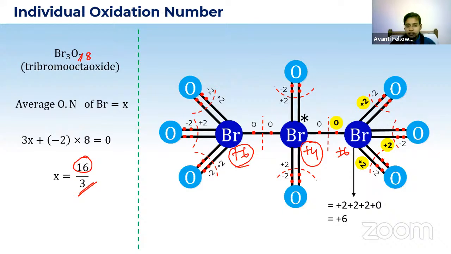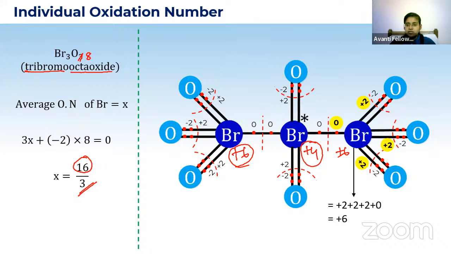I changed it, but I forgot to save the file, I think. That's why it has gone wrong. Is it clear now? It is Br3O8. It is tribromine octoxide, right? So octa means 8, 8 oxygen. The formula was typed wrong by me here. Sorry for it.